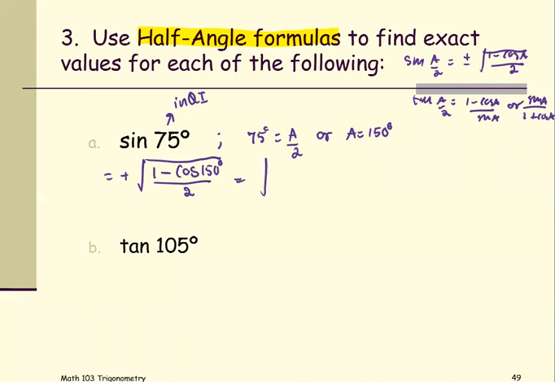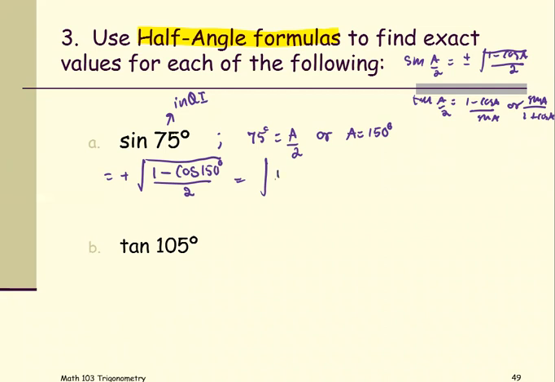And then find the value of cosine of 150 degrees. Cosine of 150 degrees is negative square root 3 over 2.